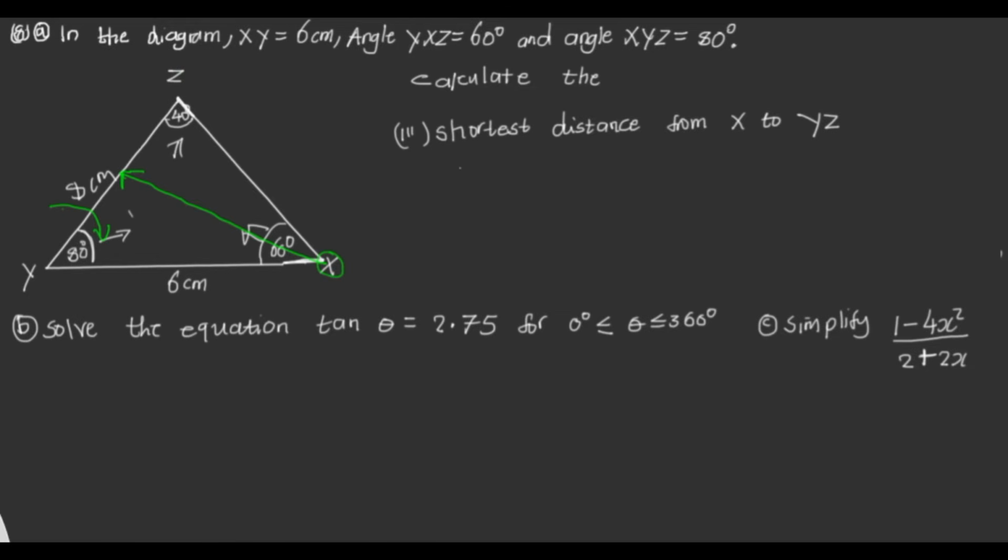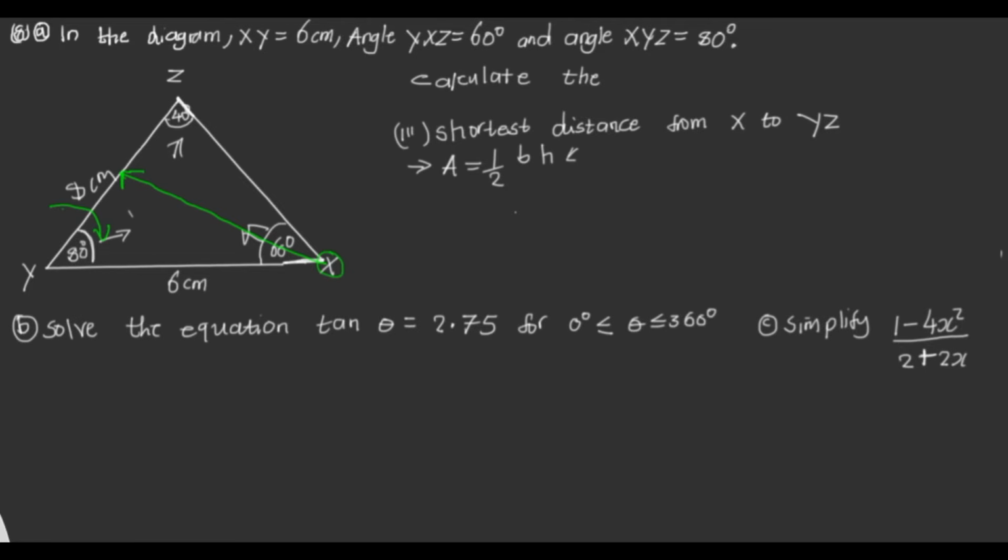For the shortest distance, we use the formula for the area of a right angle triangle. Area is equal to half BH. Our h represents the shortest distance that we are solving for. Our b is the distance where the line is touching. In our case, b is distance YZ, which is 8 centimeters. Then for the area, we have already calculated it.